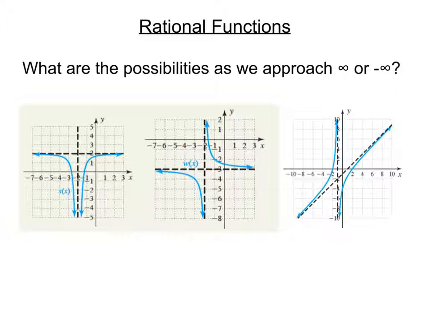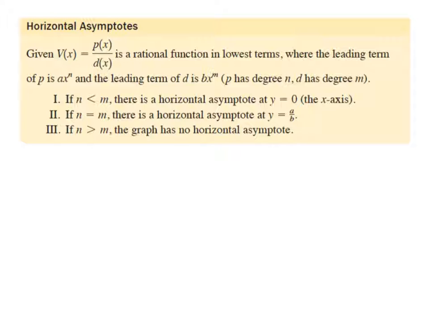With the oblique asymptote, or you could also get a hole in this type of situation, notice that as you go out to infinity or negative infinity, it's approaching infinity or negative infinity. And so we need to be able to know which is which. That's what today's work is going to be about. I have some formal notes for you to take, so please add this into your notes.